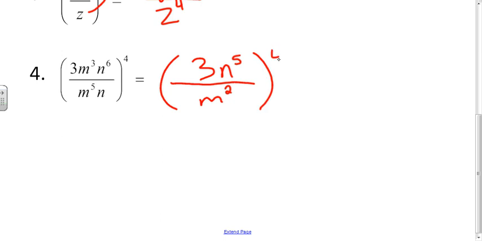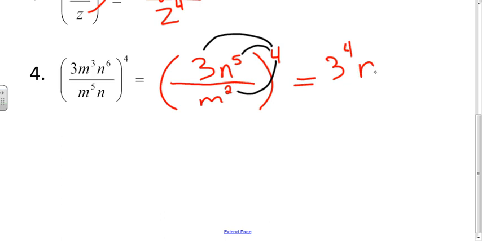All of this is raised to the 4th power. So I'm just going to take my exponent here and raise it to each of the factors in my numerator and to my denominator. So I'm going to end up with 3 to the 4th, n to the 5th to the 4th.